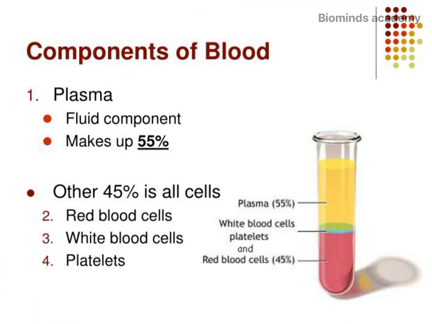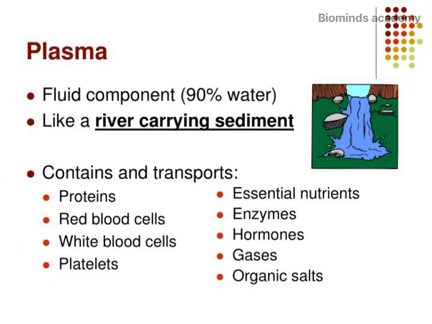Now we know about the components of blood. The main components of blood are red blood cells, white blood cells, platelets and plasma. Plasma is a fluid component which makes up 55% of the blood, and the other 45% is cells: red blood cells, white blood cells and platelets. Plasma contains 90% water.